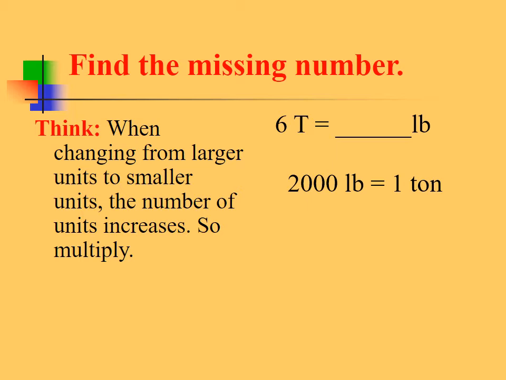Question: how many pounds is equal to a ton? We know that 2,000 pounds is equal to 1 ton. Therefore, we have to multiply 2,000 times 6, which will give us 12,000. So our answer is 12,000 pounds.